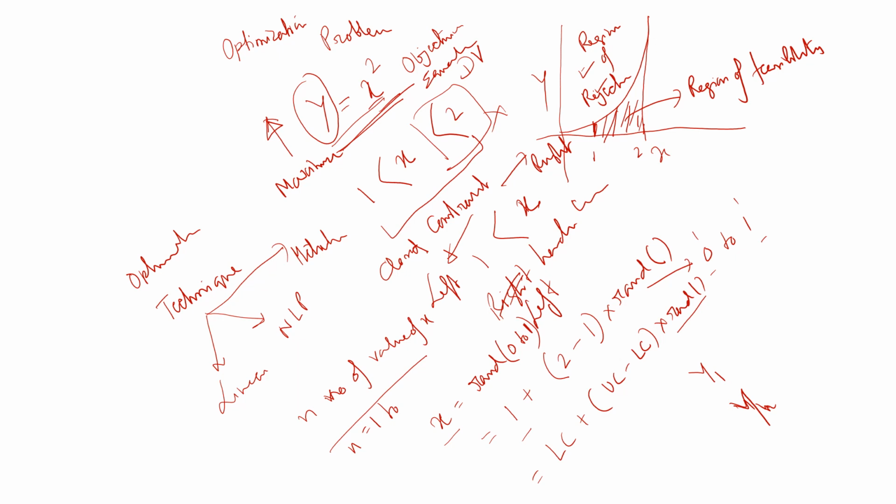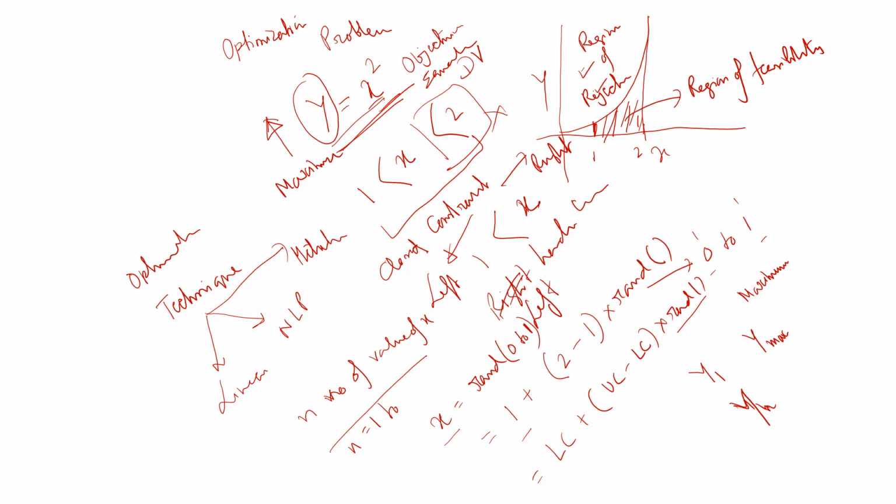So among these n number of values of y, try to identify the maximum y. That will be the fittest value. So suppose this maximum y is indicated by y max.